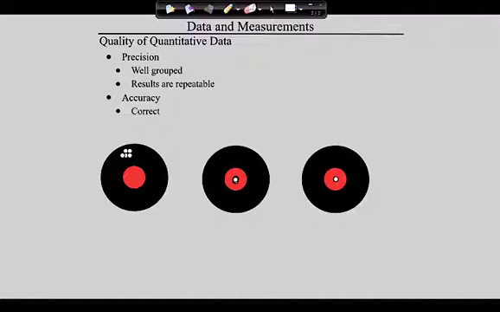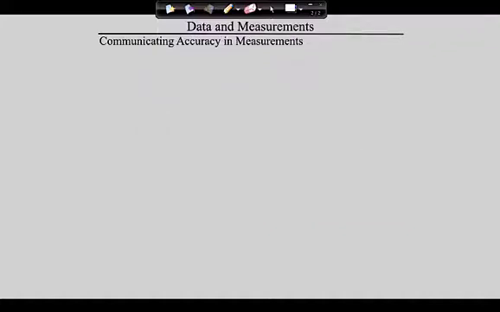You're good? Okay, so now guys, here's what we're going to do, and this is sort of a weird transition, but do it with me. Now we are going to focus on the word accuracy, correctness. And we are now going to talk about communicating accuracy. Include that in your notes as well.